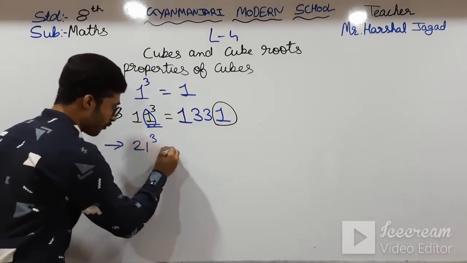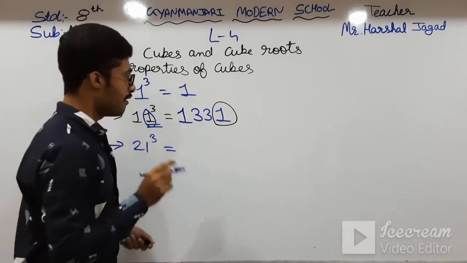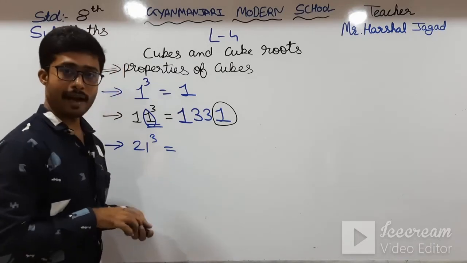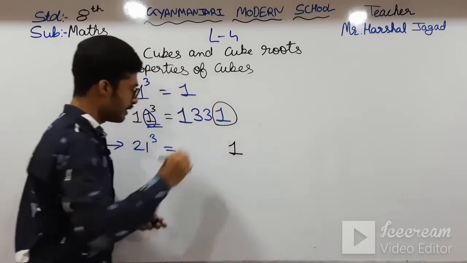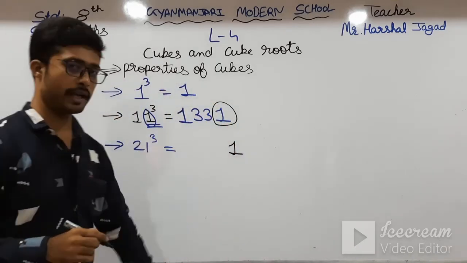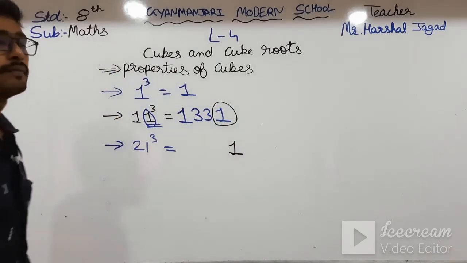21. So what is the cube of 21? We all know that at last there will be 1. So we will write this 1 first. Now what will be the cube of 21? Count by yourself.